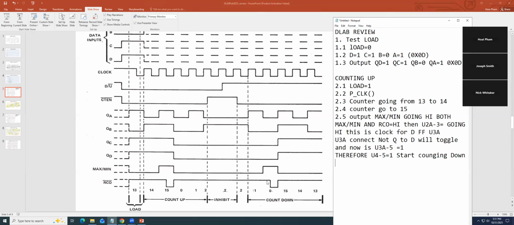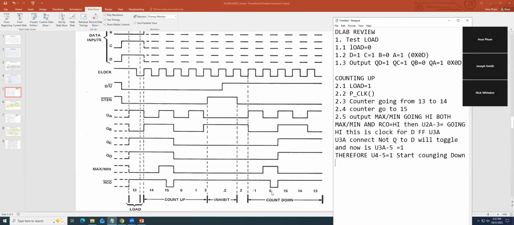Where's that at, Mr. Pham? Do that again. At this point here. So when they go to 15, and you get a 1 here, 1 here, so now you get the clock again, so they will toggle. That's why U4 pin 5 go 1, and they start countdown.